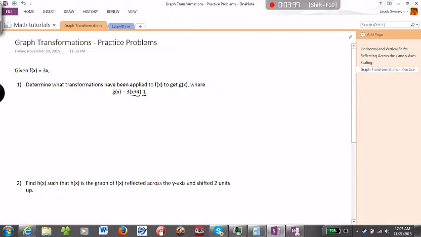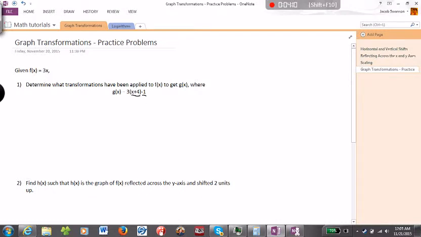What we need to think about first is that when we see something added or subtracted directly to x, this is a horizontal transformation. And we see that it's a plus, which indicates a shift to the left, which, as we mentioned in the horizontal translation video, is a little unintuitive, that you have to use a negative to go to the positive side of x, and you use a positive where you add something to go to the negative side.